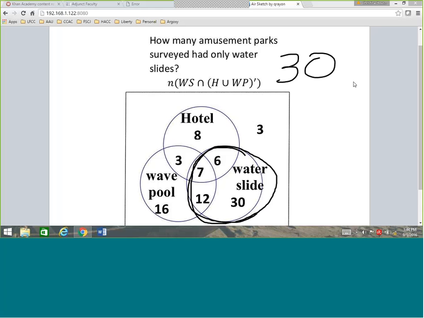Okay. Now, if we look at this notation, the letter N in the front again means number of. So I need to see the number of amusement parks that have water slides and not hotel or wave pool.